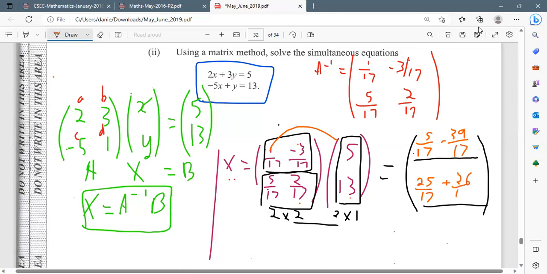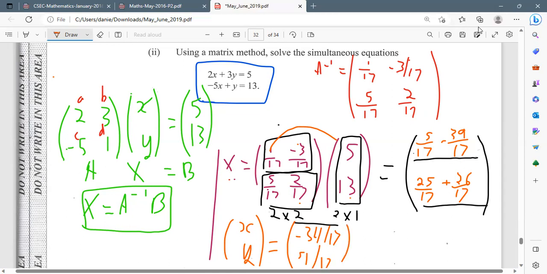So now x, remember x was x and y, that will be equal to, so let's see, 5 minus 39 is minus 34 on 17, and 25 plus 26 is 51 on 17.